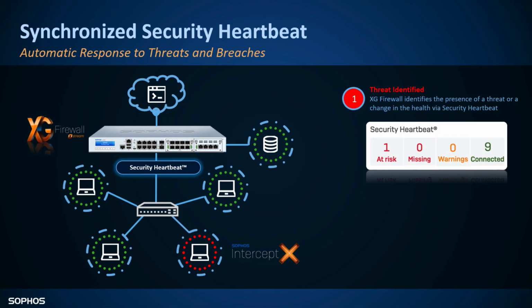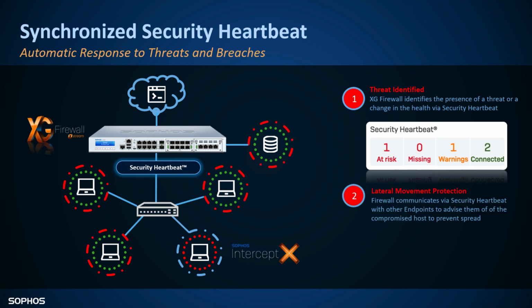So here we have the security heartbeat, and the security heartbeat shares a variety of telemetry between endpoint and firewall, which is one of the key pieces of information shared is its health status. If Intercept X detects a threat, it will automatically communicate that to the firewall, which will flag its heartbeat status as red.